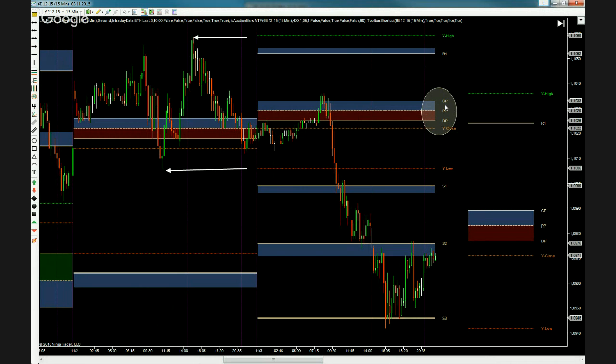And the directional pivot is found by looking at the distance between the central pivot and the main pivot, and then wrapping that around in the direction of where the momentum was going, and then we get the directional pivot here.